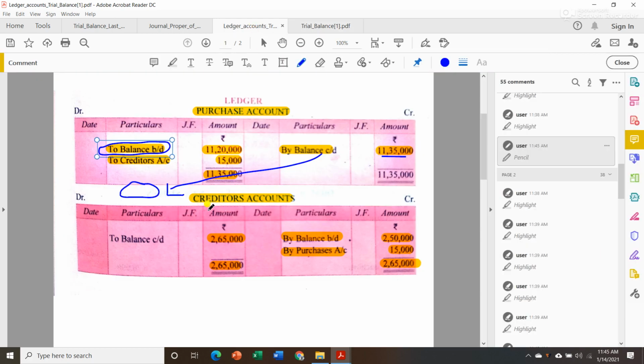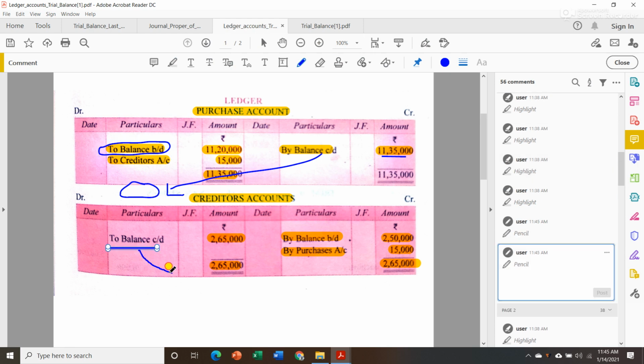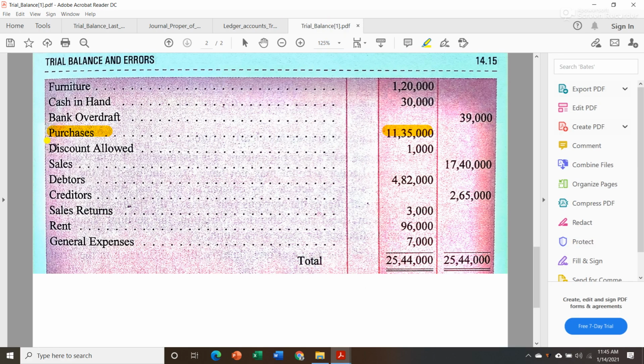Next we have the creditors account showing balance carried down on the debit side. That means the balance brought down will be on the credit side, of 2,65,000. So the creditors account is showing a credit balance of 2,65,000.